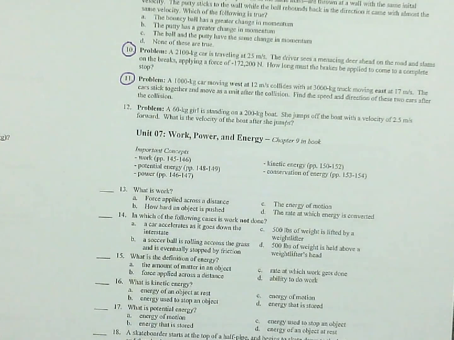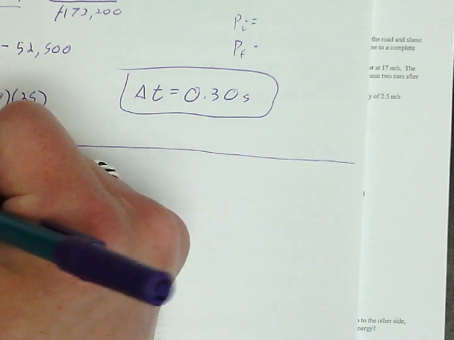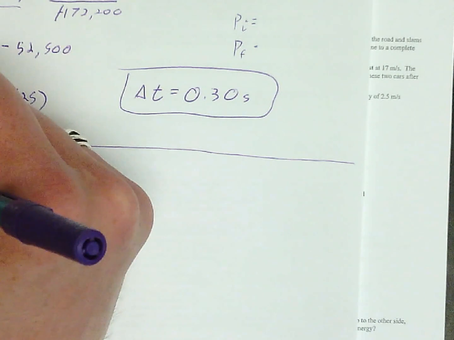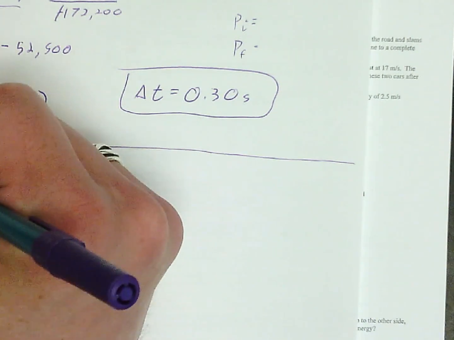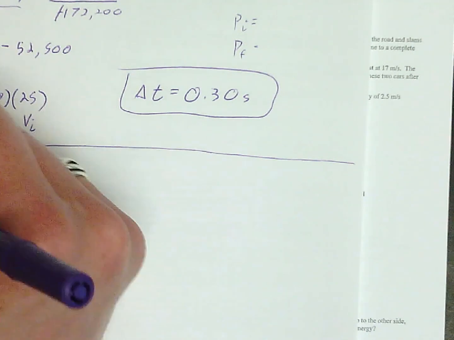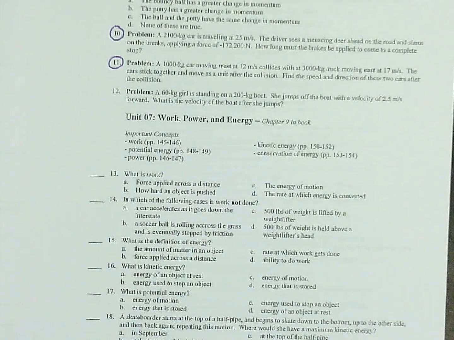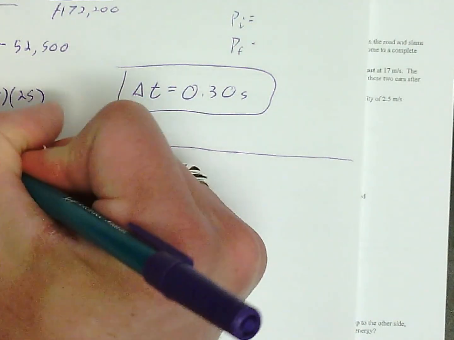So when I'm setting this up here, I've got a car going west and a truck going east, and then they stick together after the collision. So here's my truck going east at 17.